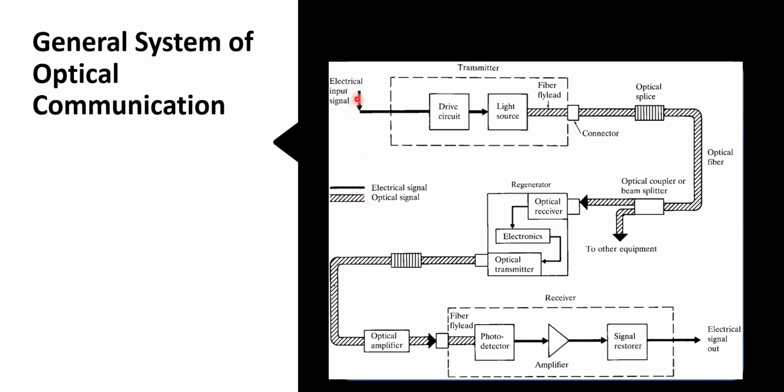The electrical signal which is input here is given to a transmitter. We have studied in the lower semesters that a transmitter has an input signal, and that input signal is encoded or modulated and amplified, and then it is transmitted. The transmitter also does all these functions.